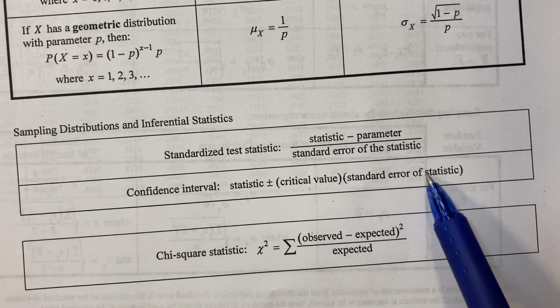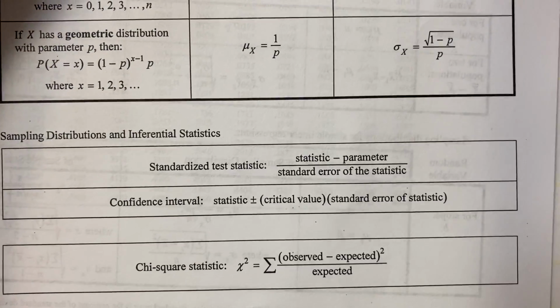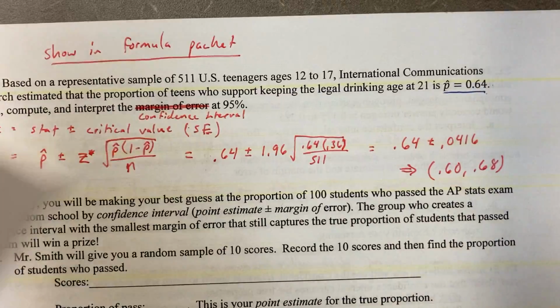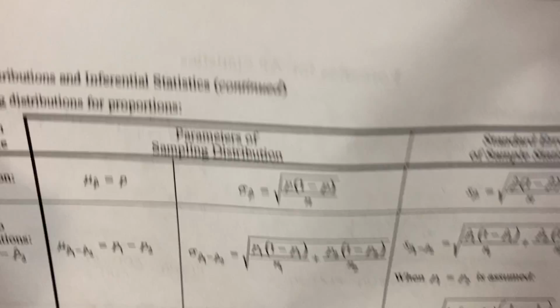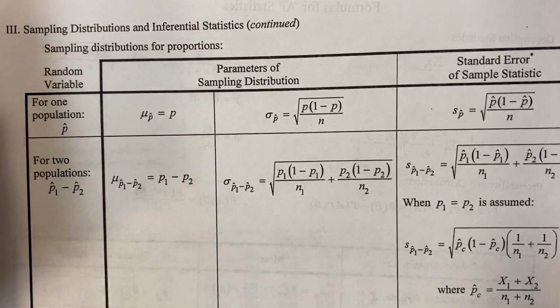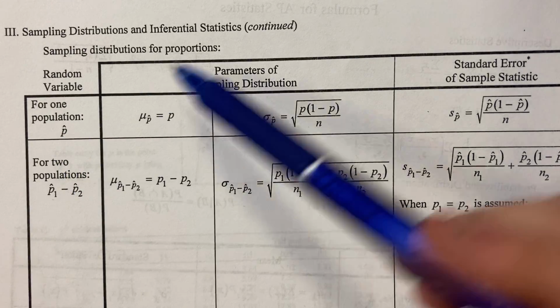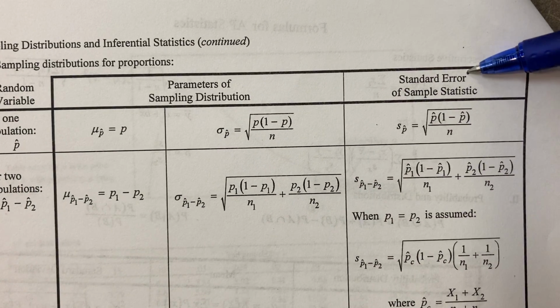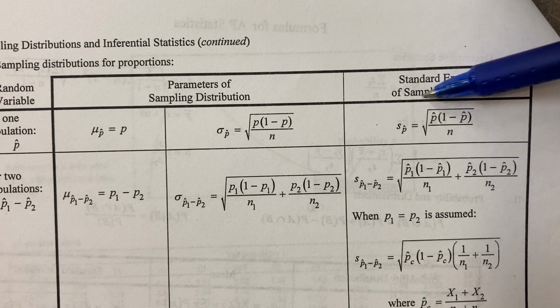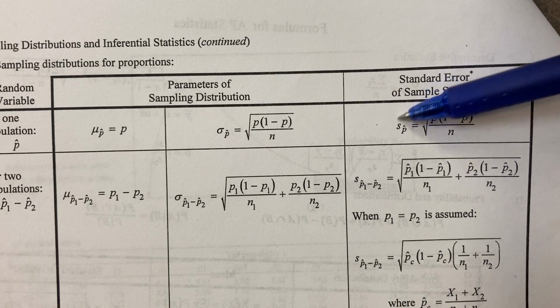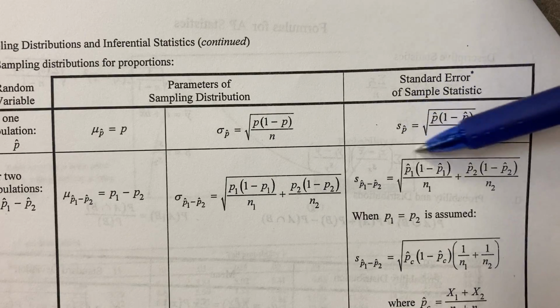The standard error of the statistic is, well, let's turn the page. Now we're on to the second page. We're doing one population, p hat, and the standard error of a sample statistic is right there. So we can put this all together.